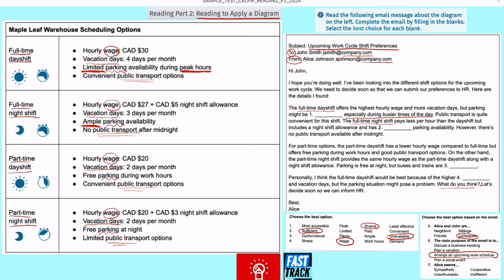What do you think? Let's decide soon. So you see, she's not deciding on their behalf. She's opening a discussion, and she's encouraging John to express their own preferences, right? And what best describes this attitude? I would say item B, cooperative, is the best option for this question.